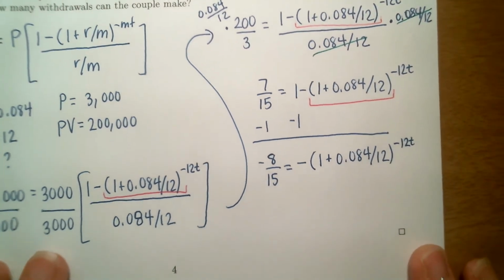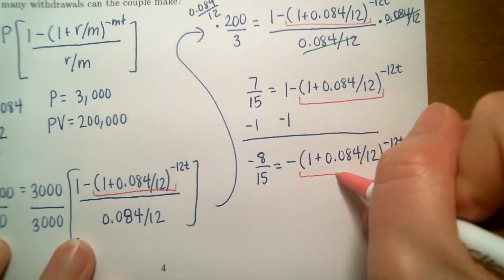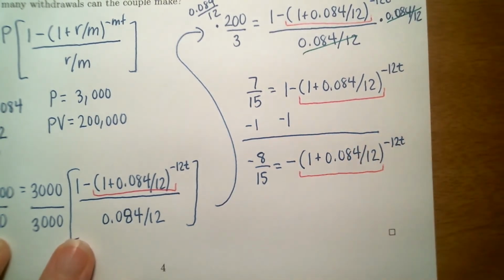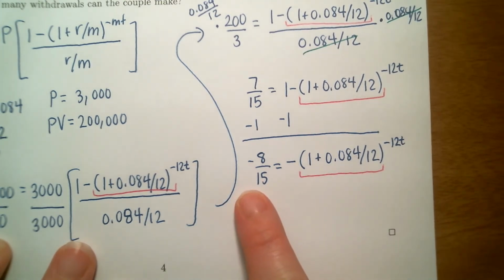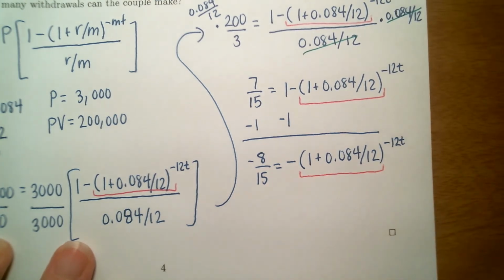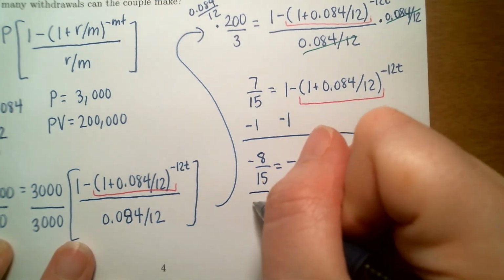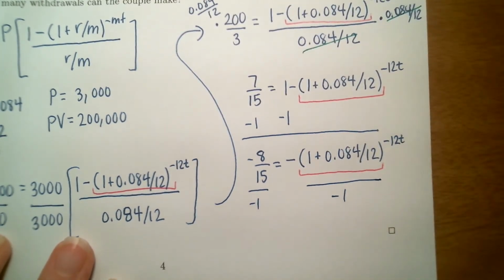We are still after isolating this guy. What I need you to realize here is both sides are negative. Negative 8/15 is equal to this negative quantity. So we need to make both sides positive. We're going to go ahead and divide both sides by -1, or multiply both sides by -1.